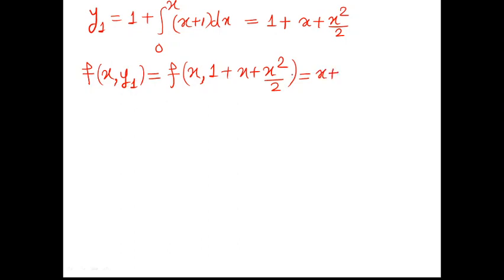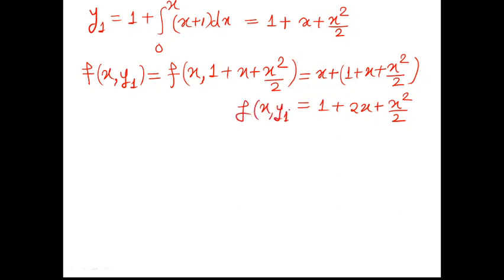So we will just add these two: x plus 1 plus x square by 2. So that is equal to 1 plus 2x... 1 plus x plus x square by 2. So this is our f of x,y1, which I am going to use in the second approximation.